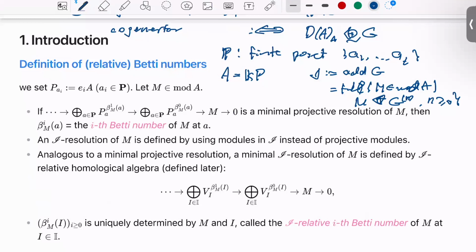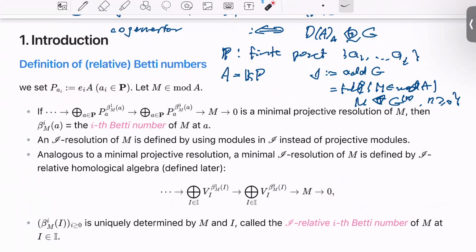Then the indecomposable projective e_i A is denoted by P_A for all elements of the index set.